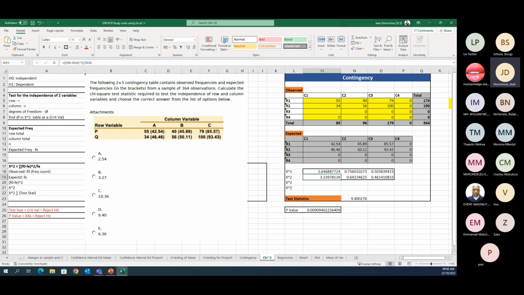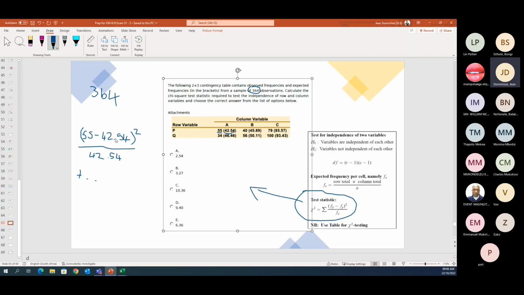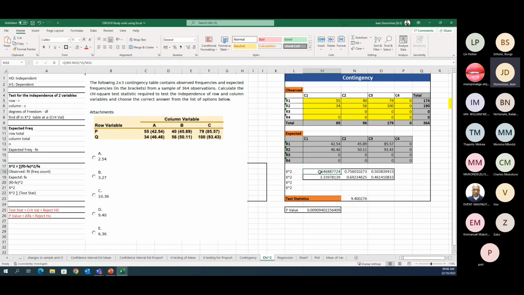So if you remember, we said it's that minus that to the power of 2 divided by the expected. Okay, so that is being worked out there. We can also make it so it doesn't need to be 4 decimals, so that it's not so many decimals.